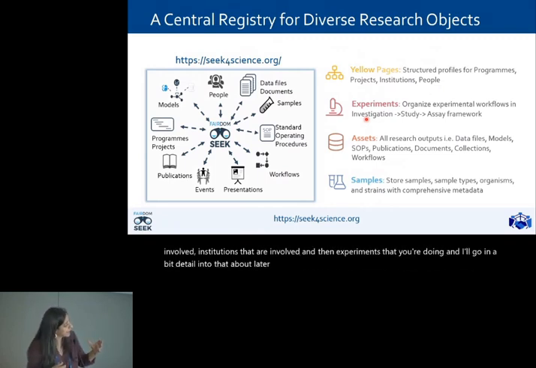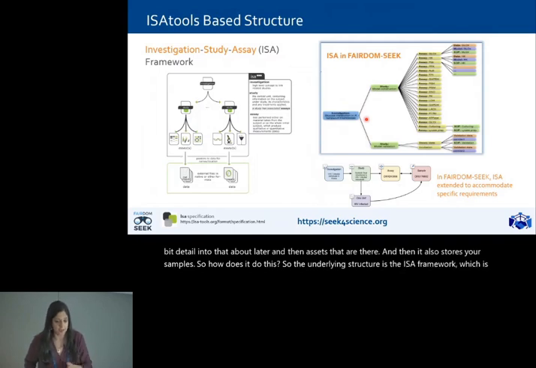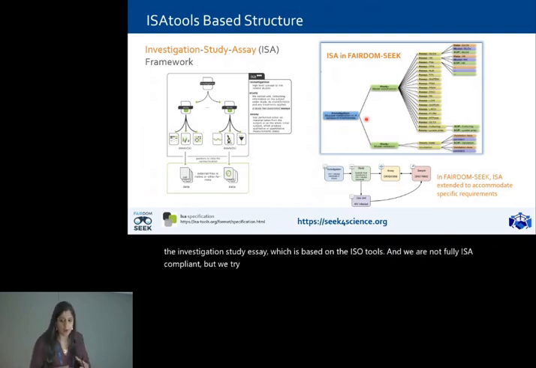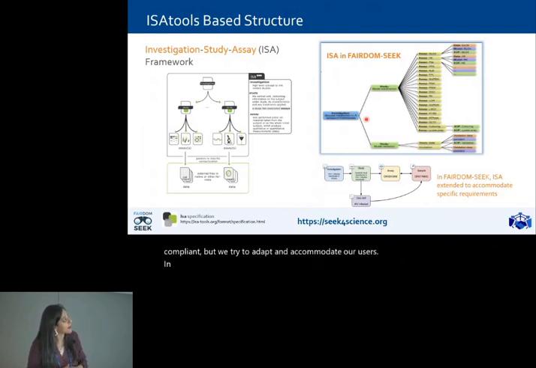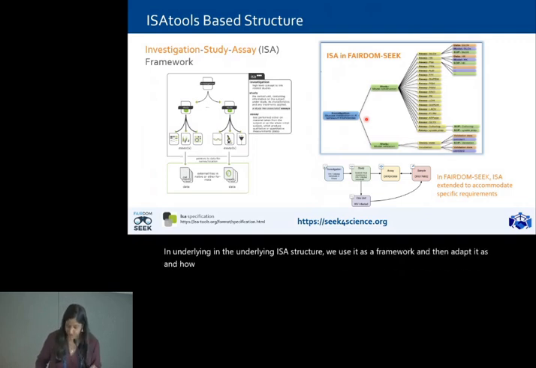And then assets that are there, and then it also stores your samples. So how does it do this? The underlying structure is the ISA framework, which is the investigation, study, assay, which is based on the ISA tools. And we're not fully ISA compliant, but we try to adapt and accommodate our users in the underlying ISA structure. We use it as a framework and then adapt it as and how our users need it.